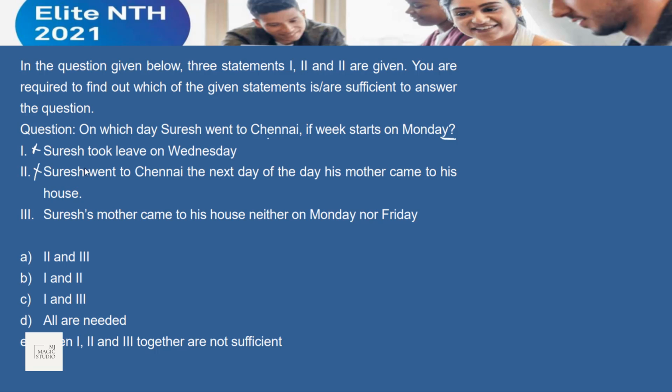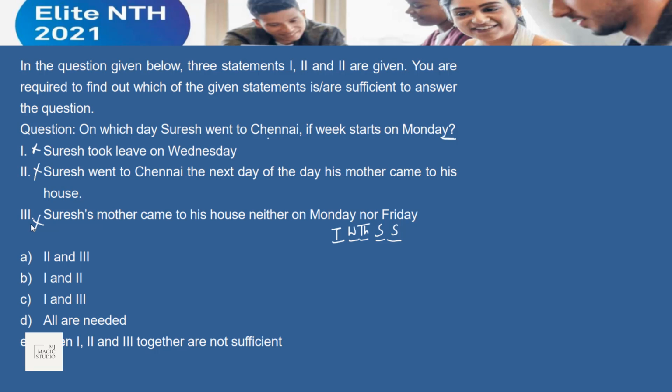If I combine 1 and 2, again I don't know when his mother came to his house. 1 and 2 together are also not sufficient. Suresh's mother came to his house neither on Monday nor Friday. So we have options like Tuesday, Wednesday, Thursday, Saturday, Sunday. Again confused with 5 options.